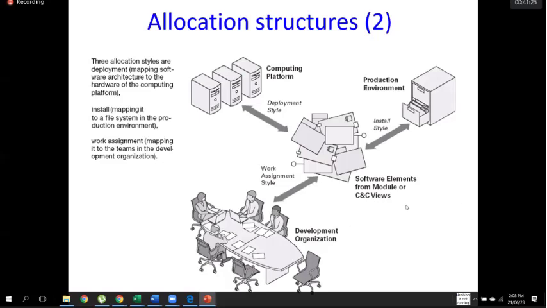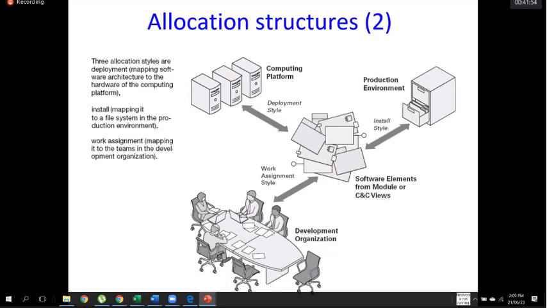So this diagram captures this idea, right? You have the software modules, units. In fact, this diagram nicely captures the general idea. You have these software elements here, not yet implemented. They are supposed to be implemented. Then the work assignment style concentrates on the people here, right?